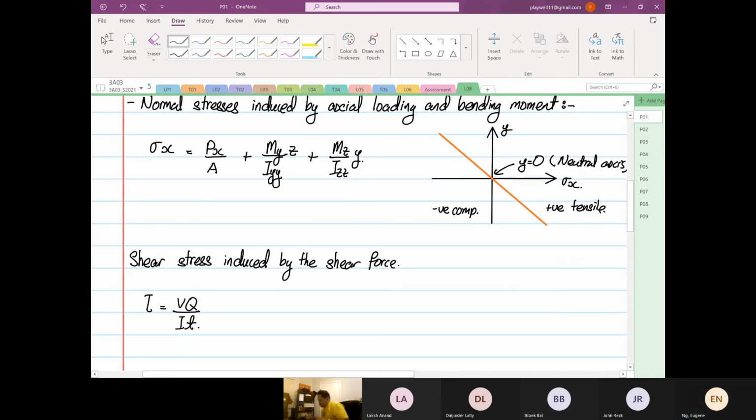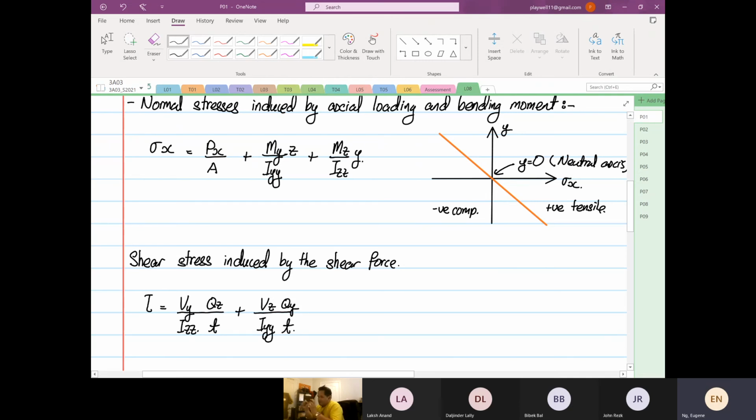So we can have Vy over Izz multiplied by Qz divided by t, plus Vz over Iyy multiplied by Qy divided by t.